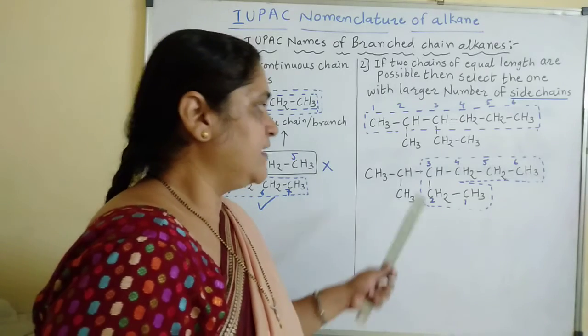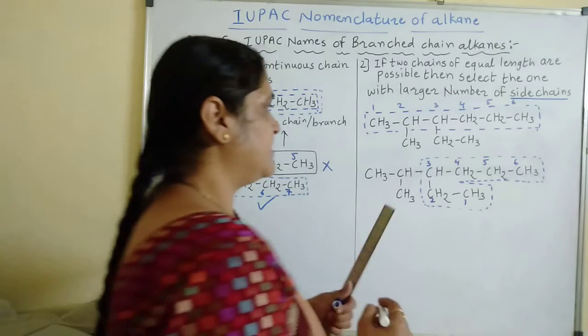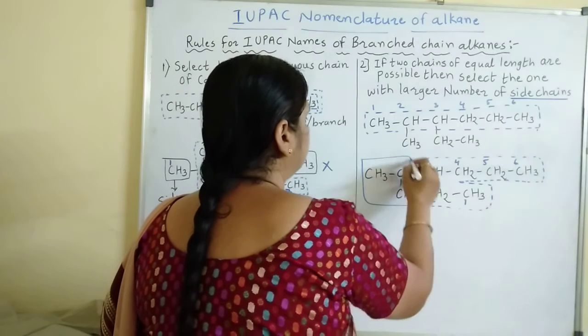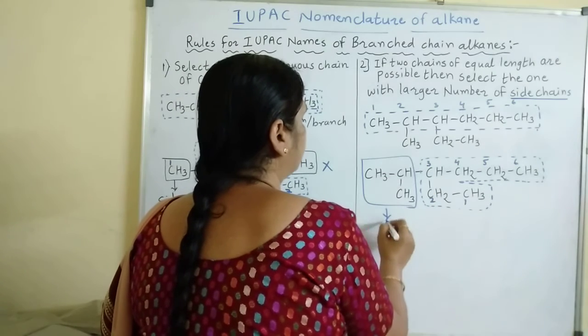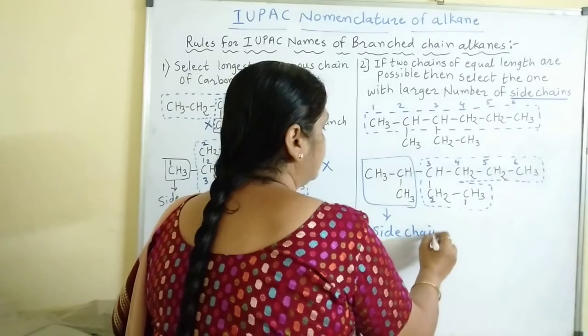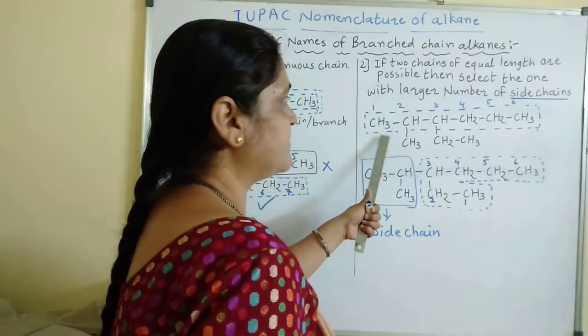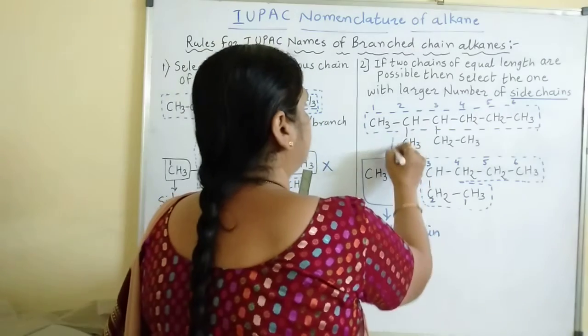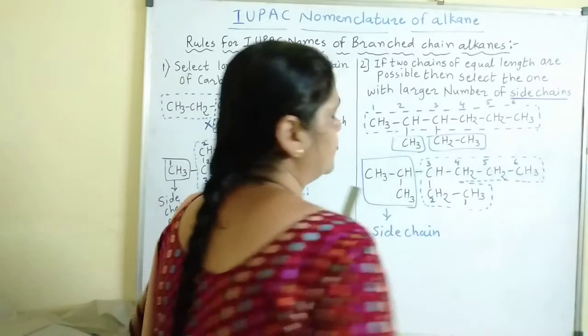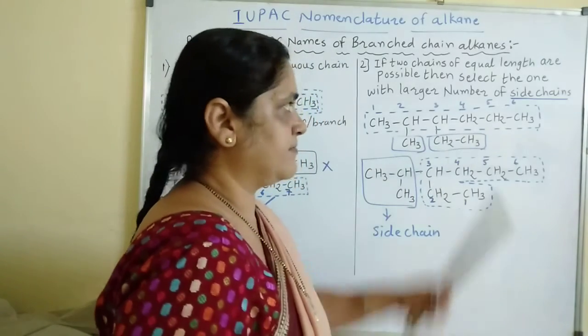But if I consider how many side chains or branches there are, I get only one branch or side chain here. And when I count for this straight chain, I get 2 branches, one a methyl group and another an ethyl group. So there are 2 side chains.